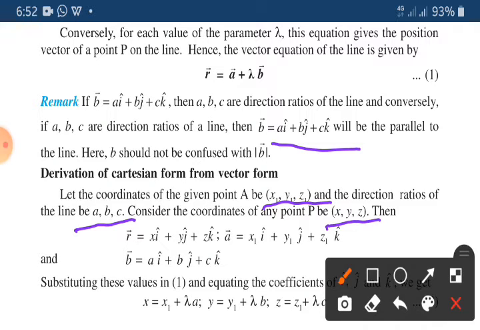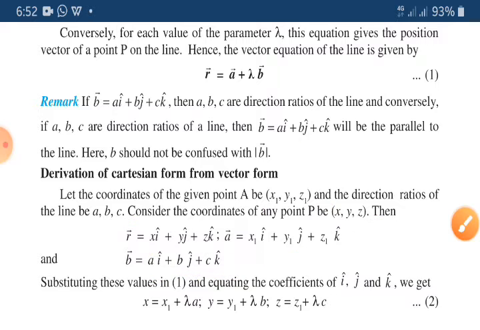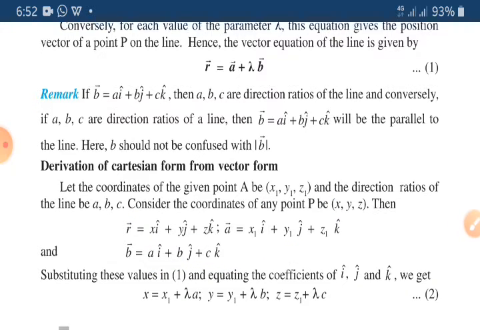Then r vector is equal to x i cap plus y j cap plus z k cap. Then a vector is equal to x1 i cap plus y1 j cap plus z1 k cap, and b vector is equal to a i cap plus b j cap plus c k cap. Substituting these values in equation number 1.